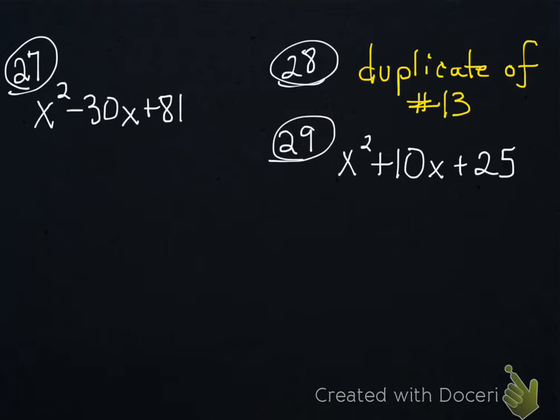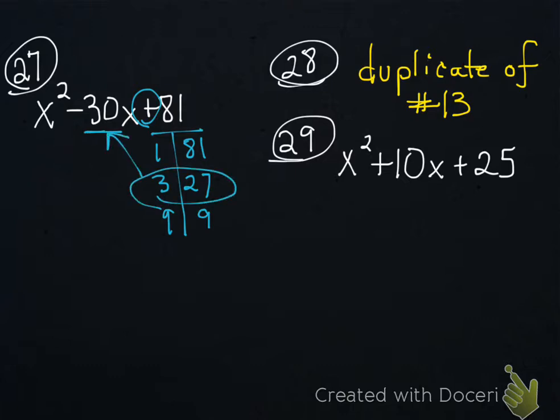Number 27. What is the constant? 81. So what multiplies to give me 81? 1 and 81, 3 and 27, 9 and 9. The 81 is positive, so I need my factors to add to give me my middle term, which is 30. 3 and 27 add to give me 30.